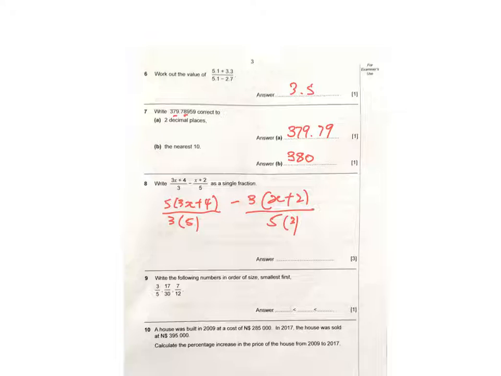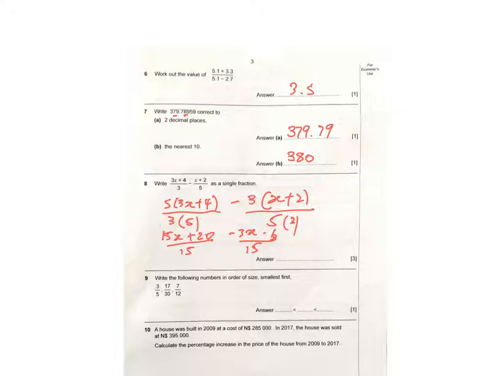Now, expand. This one will give us 15x plus 20 over 15. And then here, the minus now becomes the sign for the 3. So it will be negative 3 times x, that gives us negative 3x, and negative 3 times positive 2, that gives us negative 6, out of 15. Now we have the same denominator. What we do now is collect like terms.